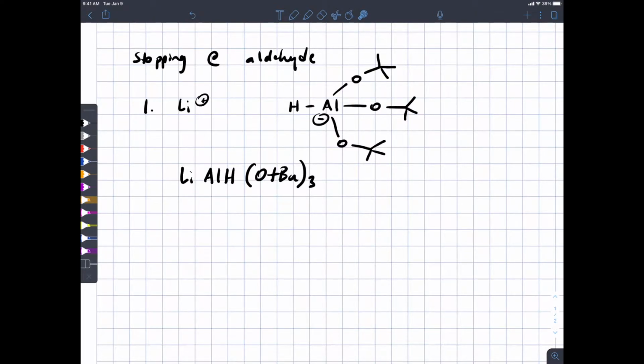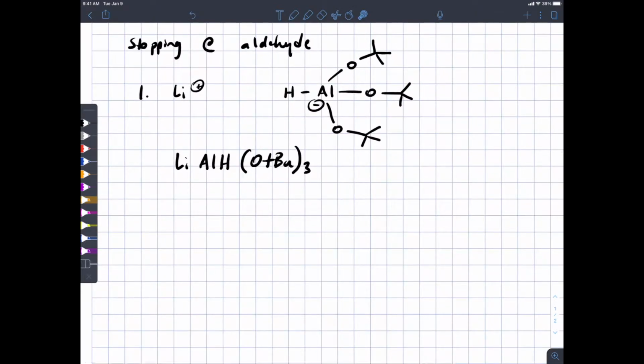And the reason that this can stop at the aldehyde is you have these electronegative oxygens attached to aluminum that are pulling electron density away from the aluminum hydrogen bond. Remember, this is a carrier of H-, and so if you do things that pull electron density away from that H-, it's going to be not as good of a hydride deliverer.